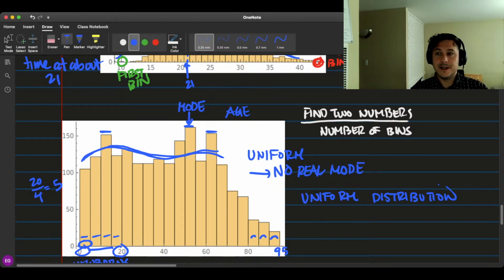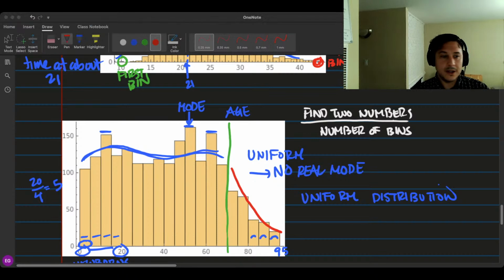And actually, there's a pretty good reason for why this is the case. Up until about here at the green line, do you see how the heights are the same up until there? And then the heights start falling afterwards? Why does that happen? This is actually a really good question.